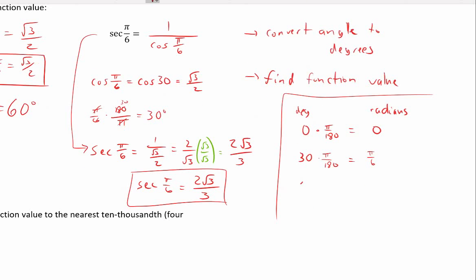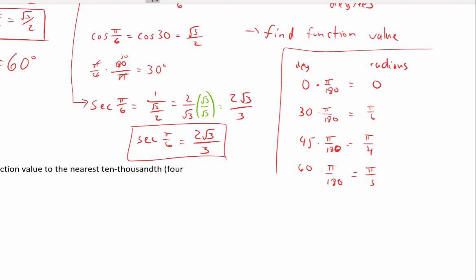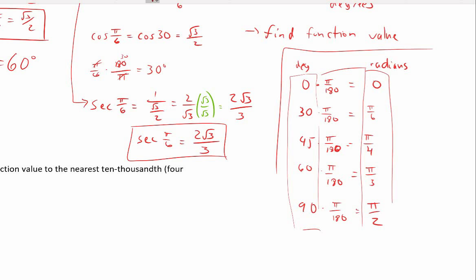And if we keep going through all 5 angles, our conversions would show that 45 degrees is pi over 4, 60 degrees is going to be pi over 3, and we saw yesterday that 90 degrees is pi over 2. So the angles that filled out our chart in degrees correspond to these angles here in radians.